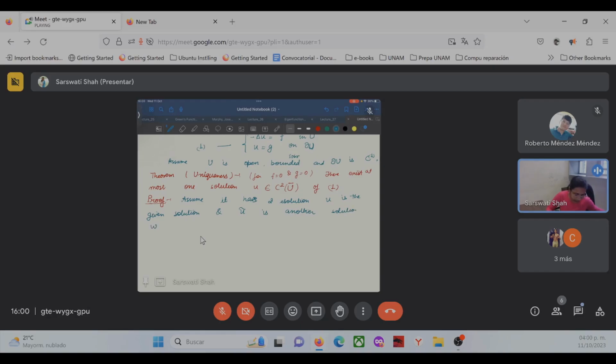Then set W equals to U minus U tilde. If I am saying that U is a solution and U tilde is a solution, then for the Laplacian problem, del U will be 0 and del U tilde will be 0. And we know that the Laplacian is a linear operator. So when we apply del W, it is going to be del U minus del U tilde. That is going to be 0.